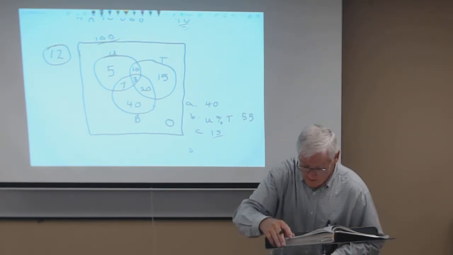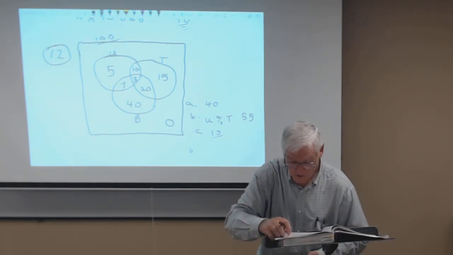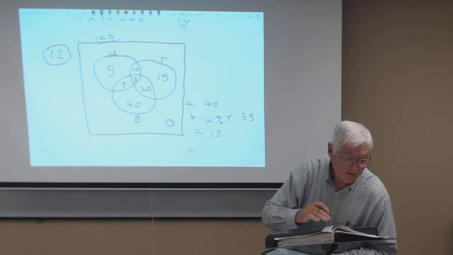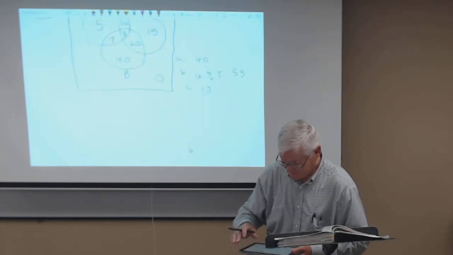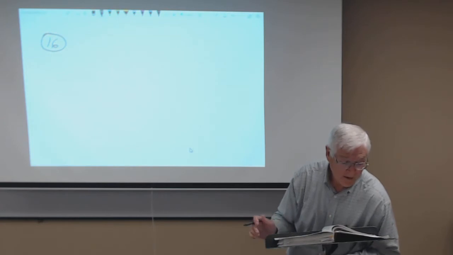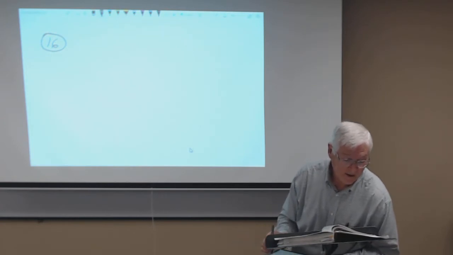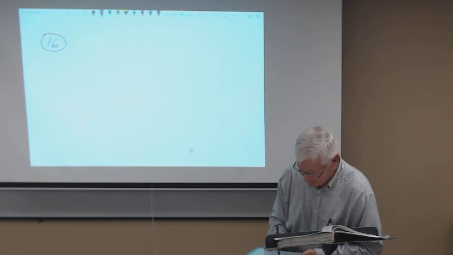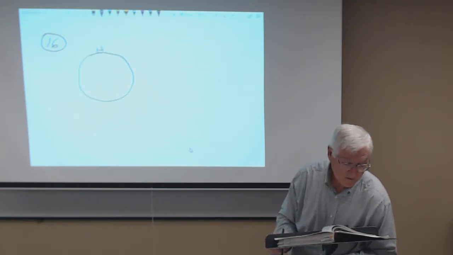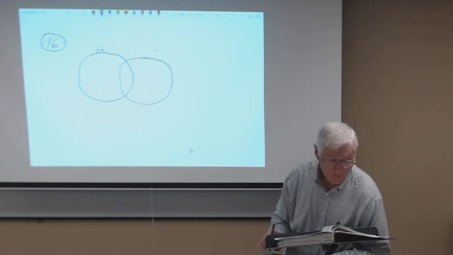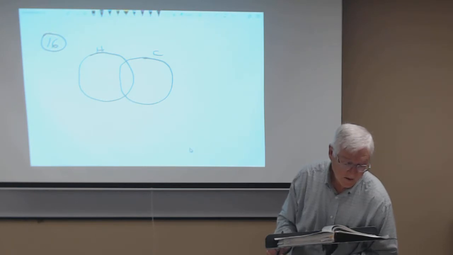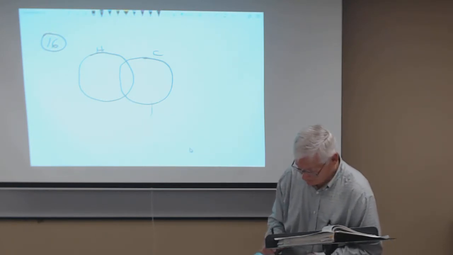Okay? Problem number 16. A survey of 900 workers in a plant indicates that 500 own houses, 600 own cars, 340 own boats.